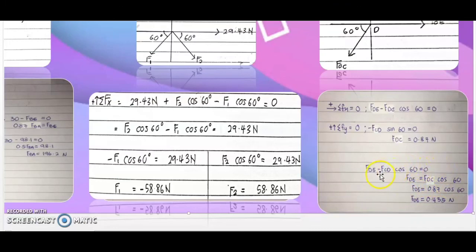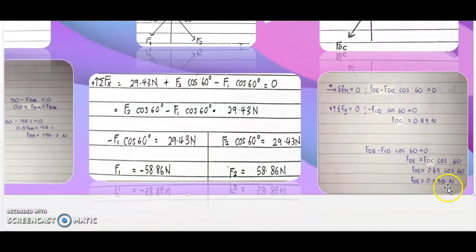Because we want to find the FDE, we need to move this FCD cos 60 to the right side. The DC value we got before is 0.87 Newton. So we replace it into the equation and we get the value for the FDE. So the FDE equals 0.435 Newton. Okay, that's all from me and thank you.